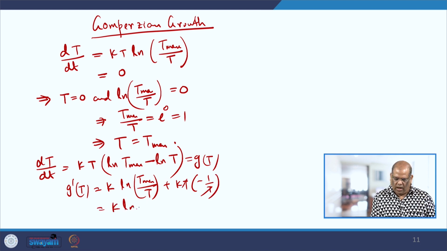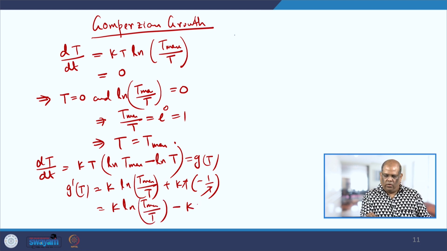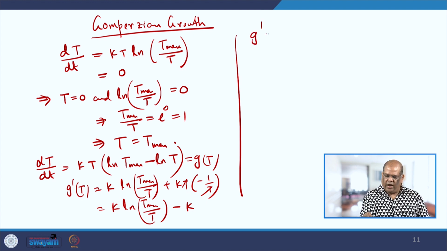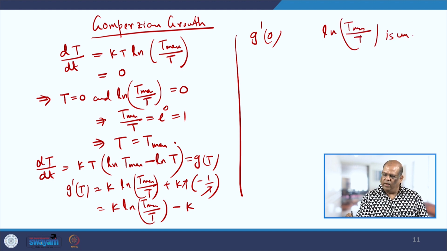So K ln T max by T minus K. So if you want to check what is G dash 0, you will see that ln T max by T is undefined.